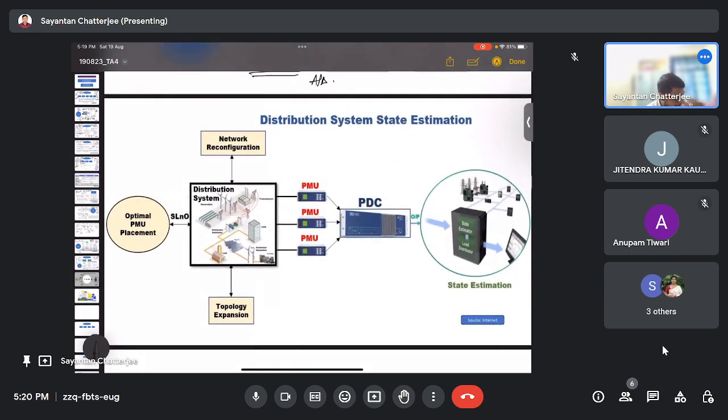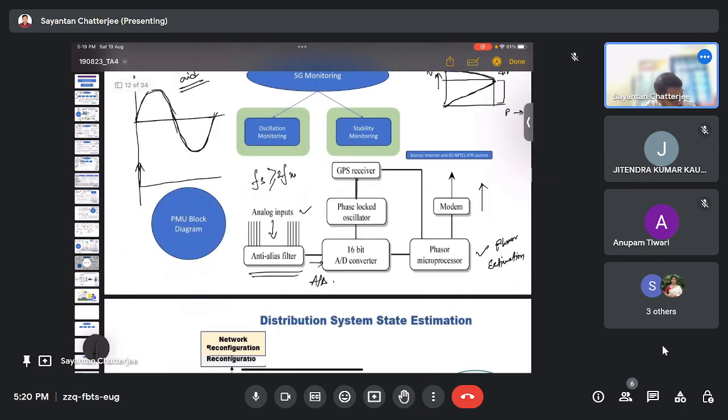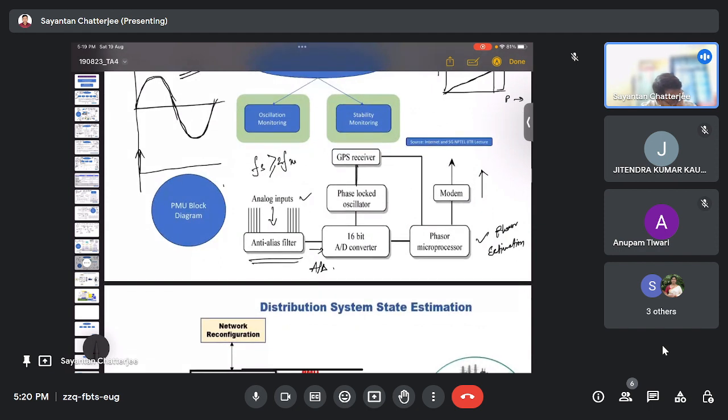So in the present scenario of distribution or smart grid level, for distribution system monitoring, one part is the PMU, and another is the DFR, the digital fault recorder.